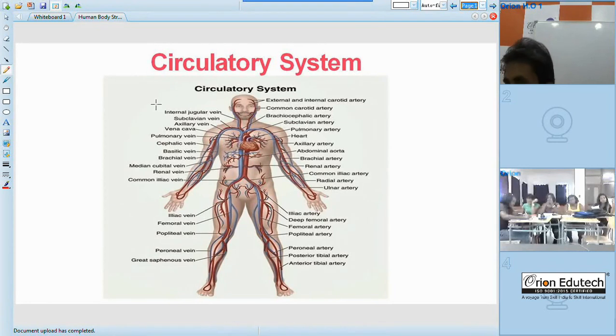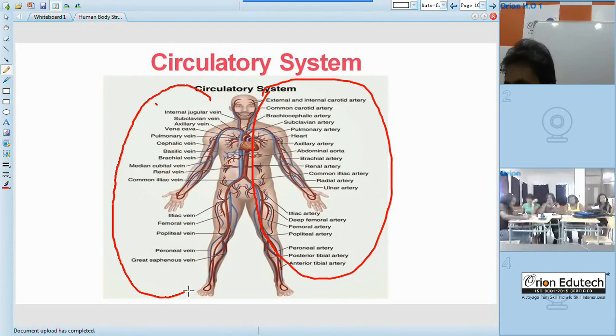It is almost the same on this side. This side shows the arteries in the labeled diagram, and this side the veins.